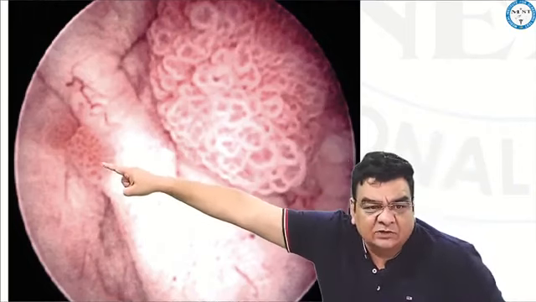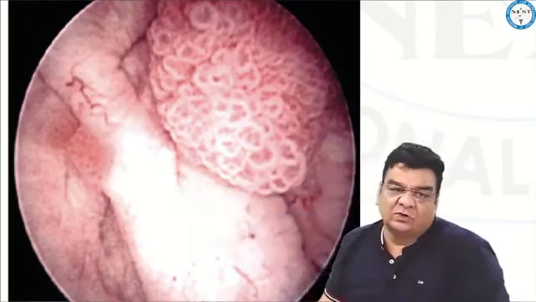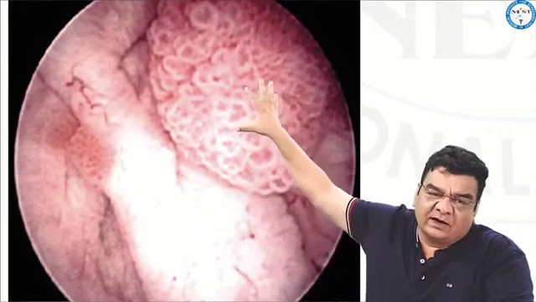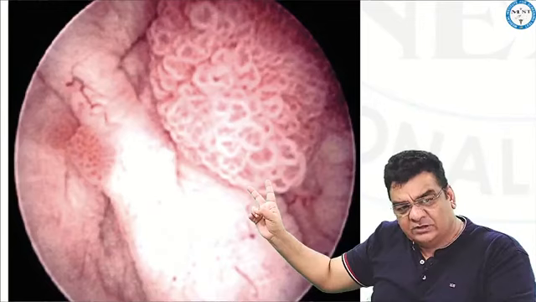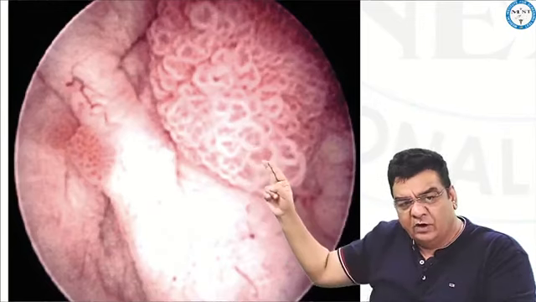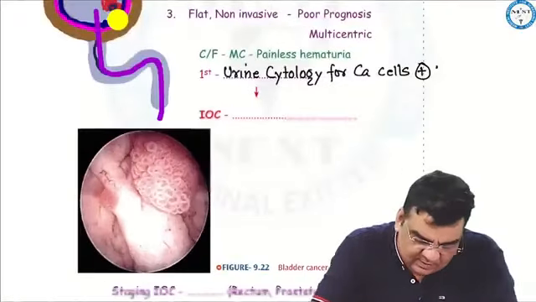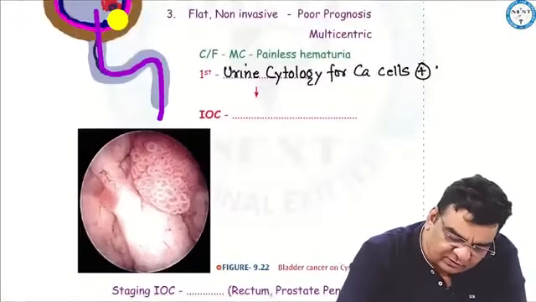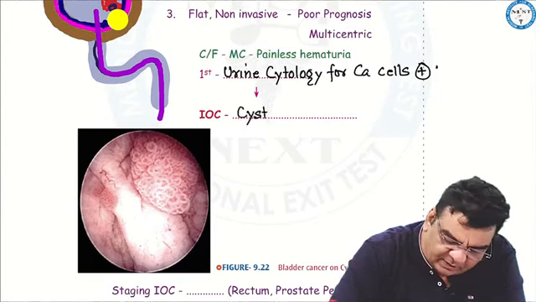You are seeing other small tumor areas also. Can you see this area? So this is how most bladder cancers present to us. And when you're doing the cystoscopy, it is easy to take a biopsy from this tumor. So the investigation of choice for bladder cancer would be cystoscopy and biopsy.